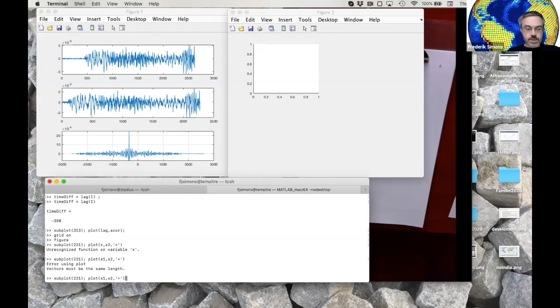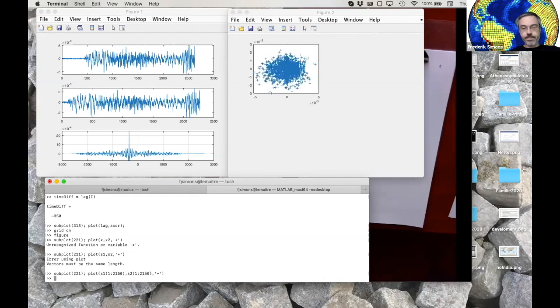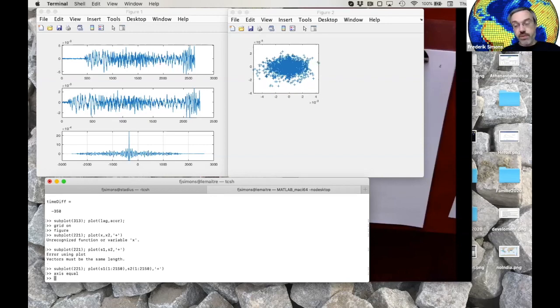So never mind. I will do the first 2,250. Let's try that. Okay, so axis equal is definitely what you want to do here if you're in the same units.